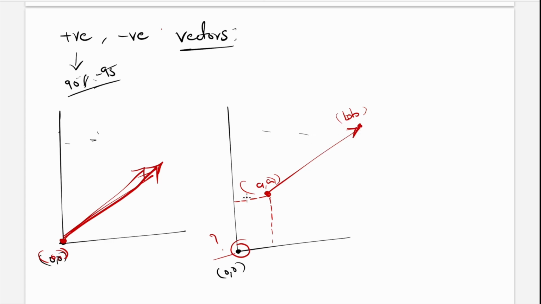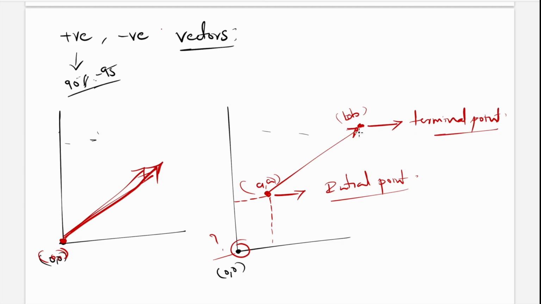The starting point is called the initial point, and the ending point, where it ends, is called the terminal point.